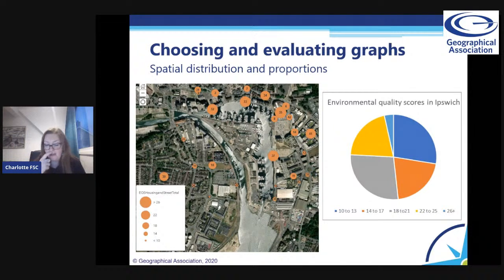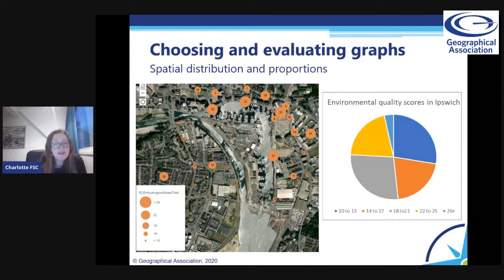Which is best for showing the variation in environmental quality across an area of Ipswich? We've got two options here. We've got either the map here showing, or the aerial photograph rather, showing proportional symbols, and the other one is our pie chart.